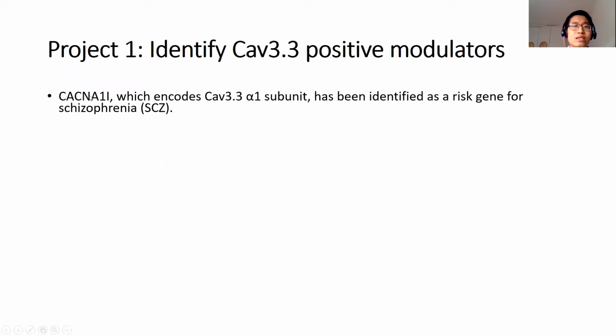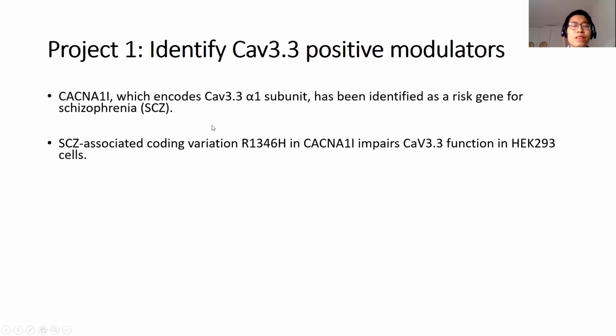CACNA1I is the gene that encodes the alpha-1 subunit of CaV3.3. This gene has been identified as a risk gene for schizophrenia. And a schizophrenia-associated coding variant, this specific one, R1346H in CACNA1I, has been shown to impair CaV3.3 function in HEK cells.